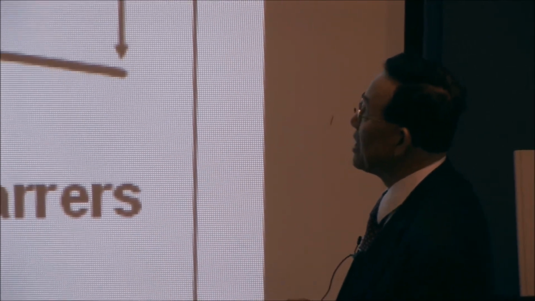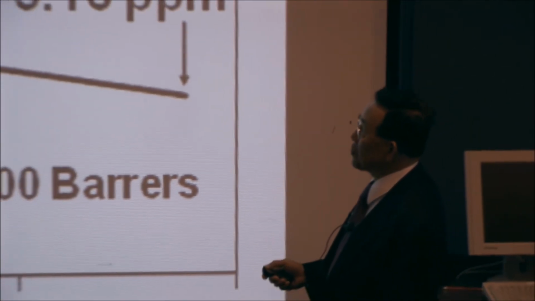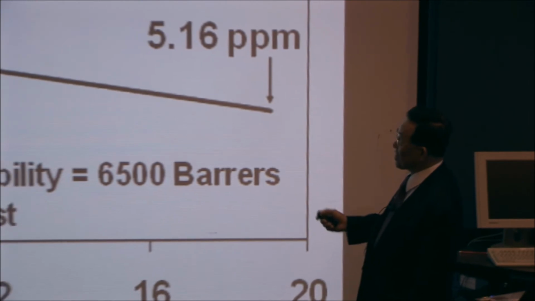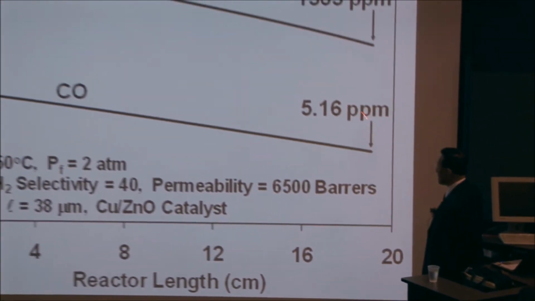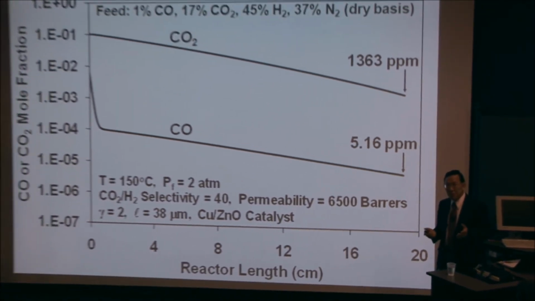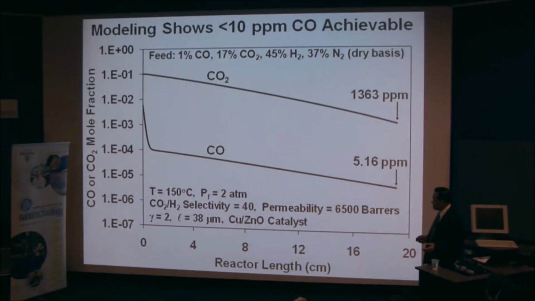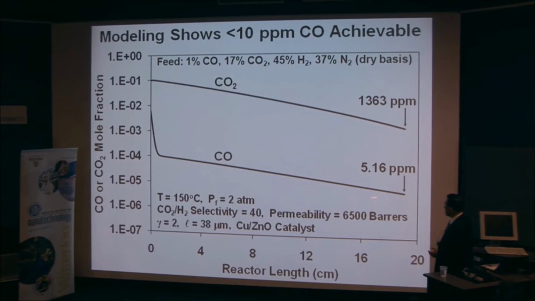So based on the modeling calculation, which I do not have time to go into detail, but if you are interested, we have several papers published in this area, that shows we will be able to take 1% carbon monoxide all the way down to less than 10 ppm. So on paper it looks good, right?